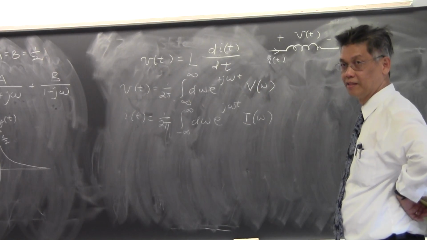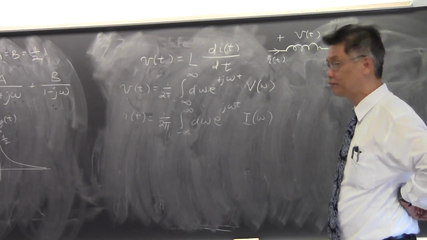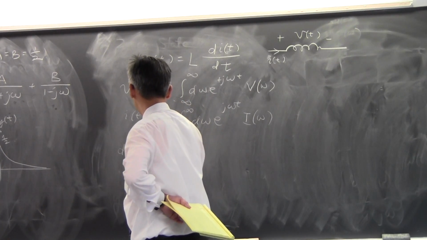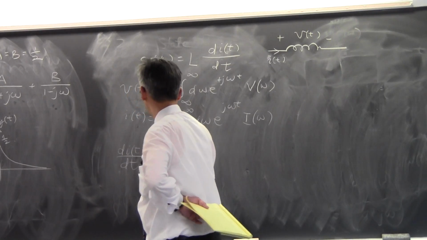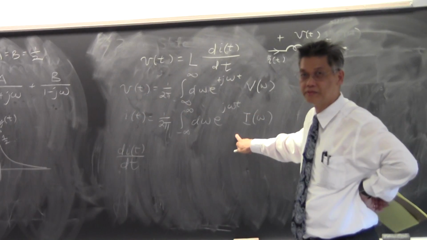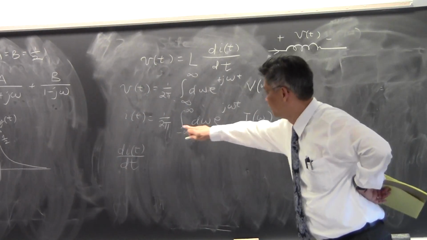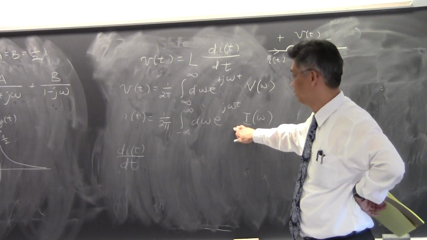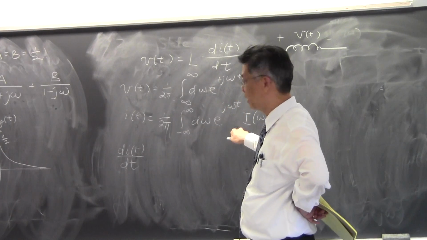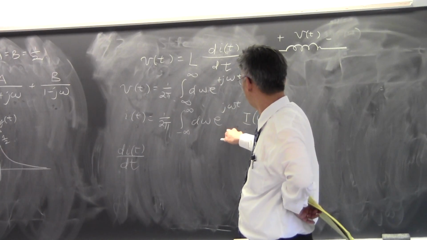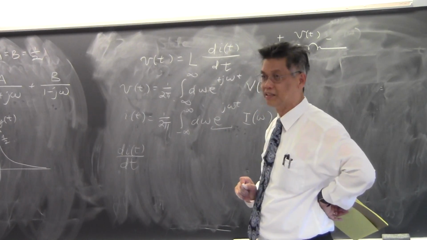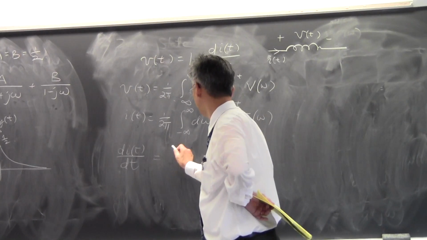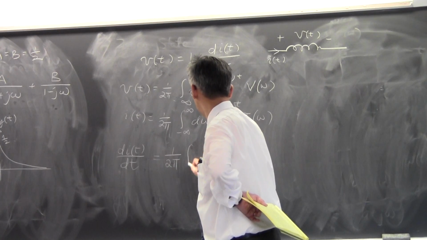Okay? These are very much like phasors. They almost behave like phasors. What happens to the dI dt? If I differentiate this equation, differentiation of sums is the sum of differentiations. So I can take the derivative operator inside and let it operate on the only thing that depends on t, which is that thing over there. So what do you think the Fourier transform of this would be?